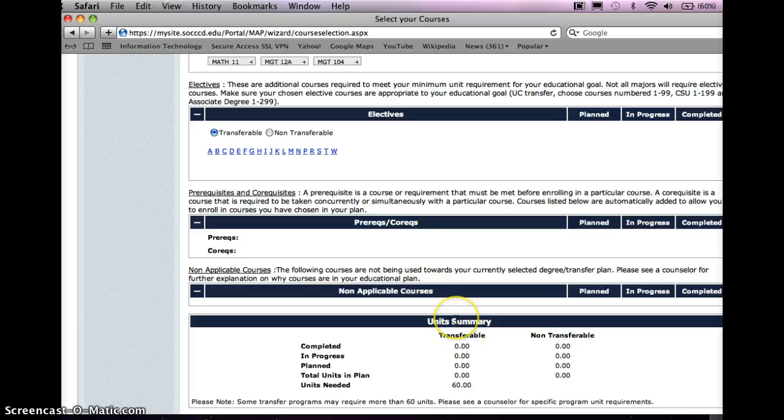Non-applicable courses, and again a breakdown here at the bottom, your unit summary of transferable courses, non-transferable courses. We know that 60 units are needed. Right now in the plan there are no completed units. There will be in progress units and planned units and total units in plan when we're done with this exercise.